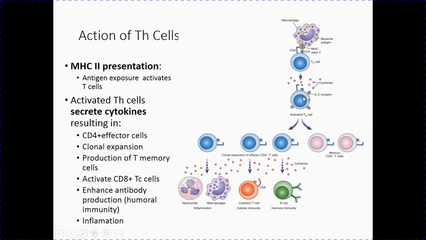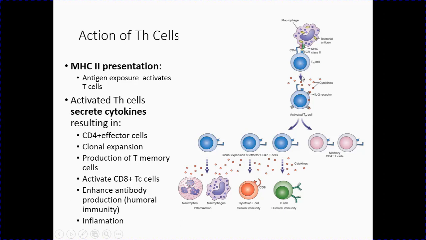So the same activated T cell, remember again, depends on what kind of antigen it is. The kind of antigen that gets exposed to and gets presented to the T helper cell, cytokines are released from the antigen presenting cell that's going to trigger this cell to produce other cytokines. So cytokines come from here to trigger this T helper cell.